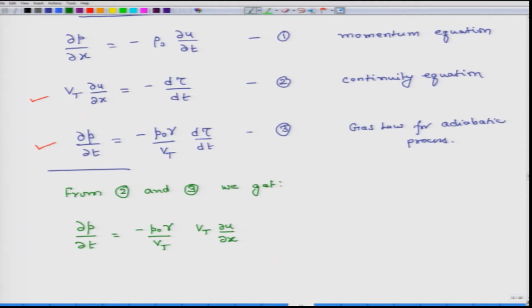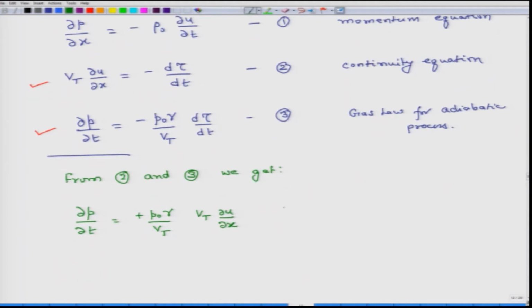The negative sign goes away, because d tau over dt already has a negative sign, so this becomes positive. V t cancels out, and we get del p over del t equal to P naught gamma del u over del x. This is equation 4.